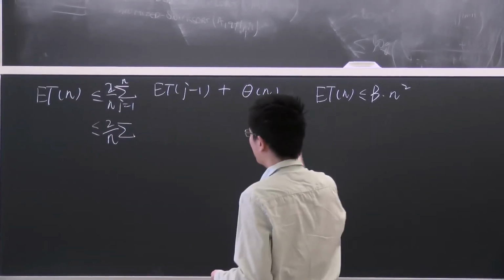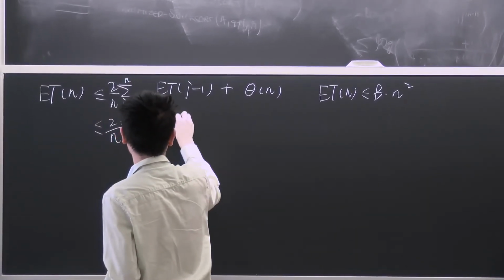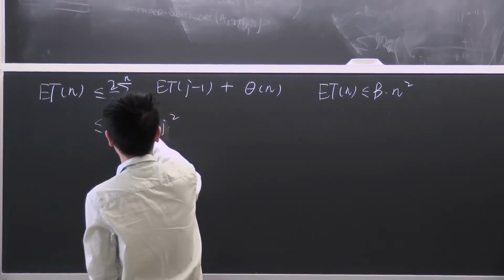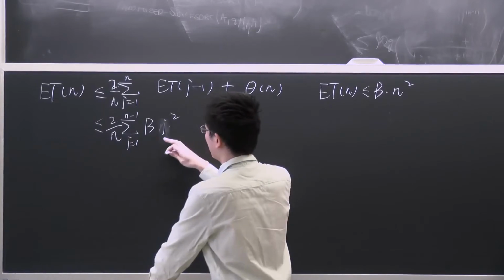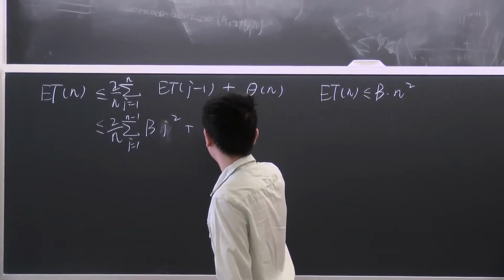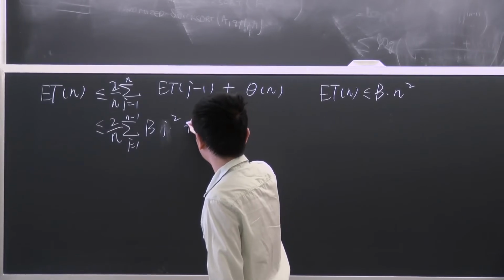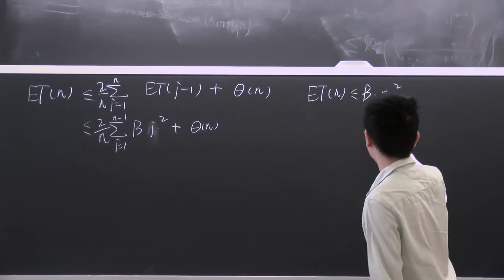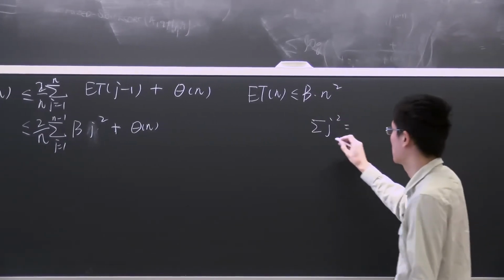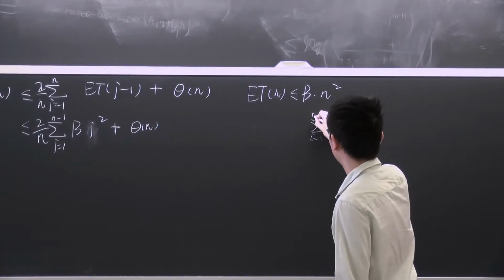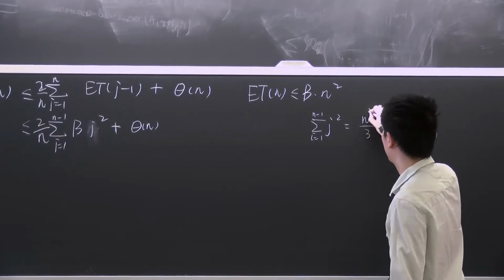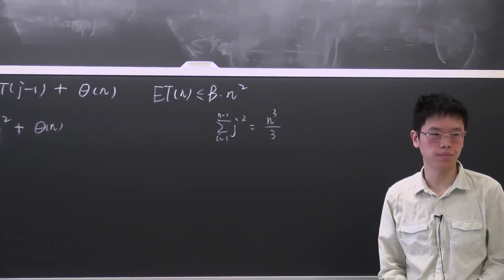If we make that guess, then what we have is a sum from 1 to n minus 1, the sum of j squared plus theta n. And the sum of j squared is roughly n cubed divided by 3.